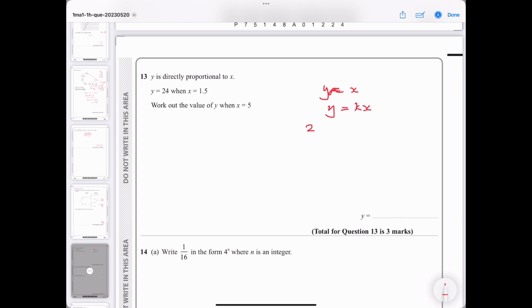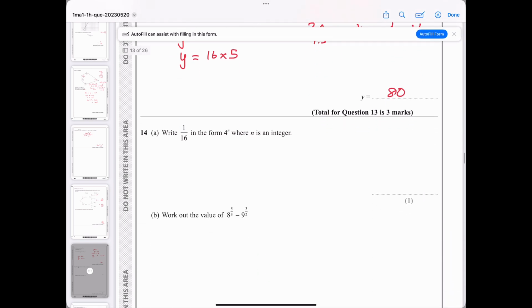When y equals 24, x equals 1.5. So 24 equals 1.5k, so 24 over 1.5 equals k. 24 over 3 is 8, so that means k equals 16. Now rewrite it: y equals 16x. And then when x equals 5, y equals 16 times 5, so y equals 80.